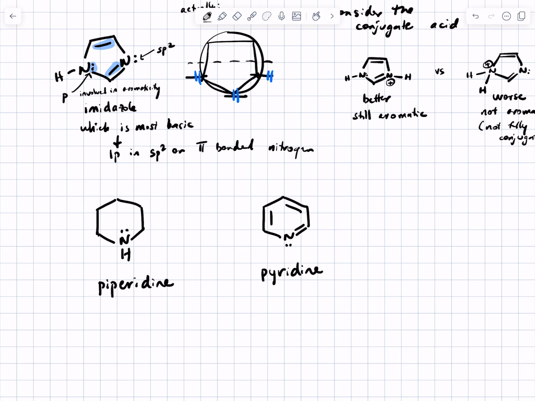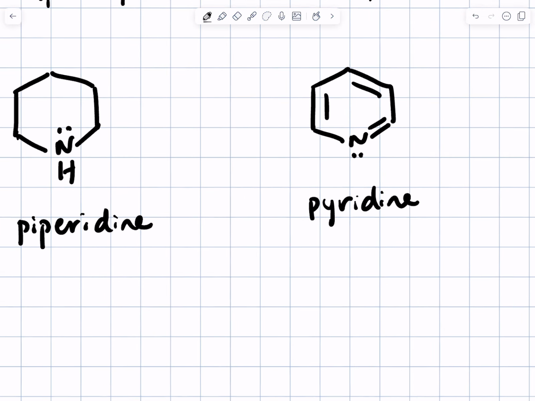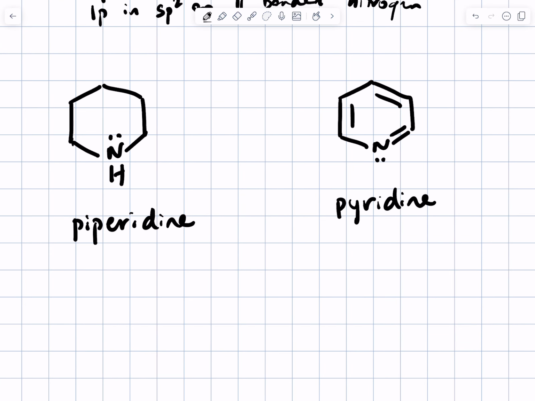We'll talk about that actually in a little bit. But they differ in basicity, and you can compare them by considering the hybridization of the two lone pairs. In the one on the left, sp3 hybridized, and the one on the right, sp2 hybridized.